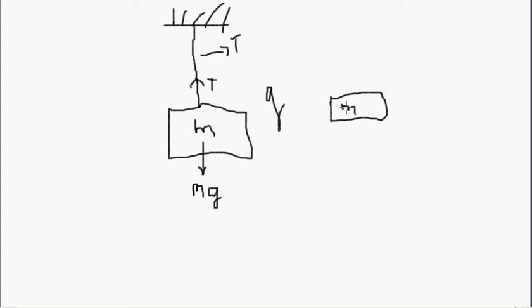So the free body diagram would be something like this. T acts here, mg acts downwards. This is the free body diagram. It's quite easy.